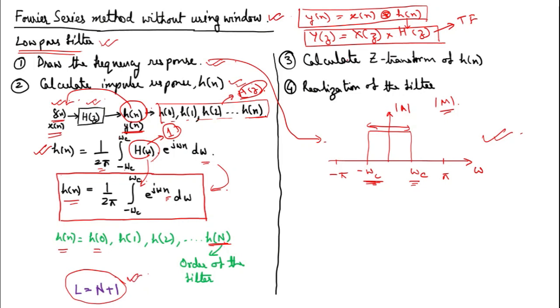Now, let's look into the next step. The next step is to calculate the z-transform of h[n] to get the transfer function. And then we go for the realization of the filter. So this is the generalized step for designing a low pass filter.